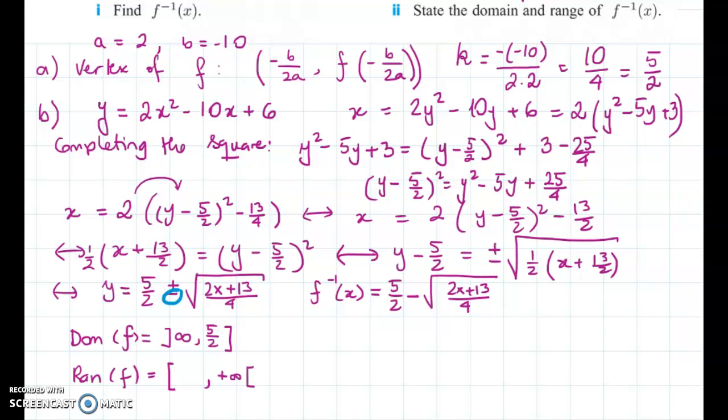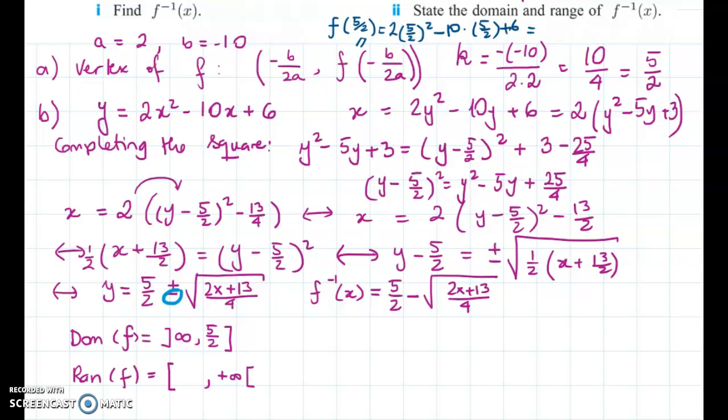So at this point, we realize that we do need to find what was the y-coordinate of the vertex. So we need to find what is the result of applying the function f to 5 over 2. So we need to do 2 times (5 over 2) squared minus 10 times 5 over 2 plus 6.